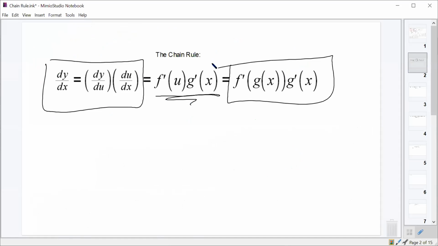So our goal is to be able to take some function and write it as a composition of two functions. And if we can do that, then we should be able to take its derivative. Does that make sense? Yes, that makes sense. Oh, good.